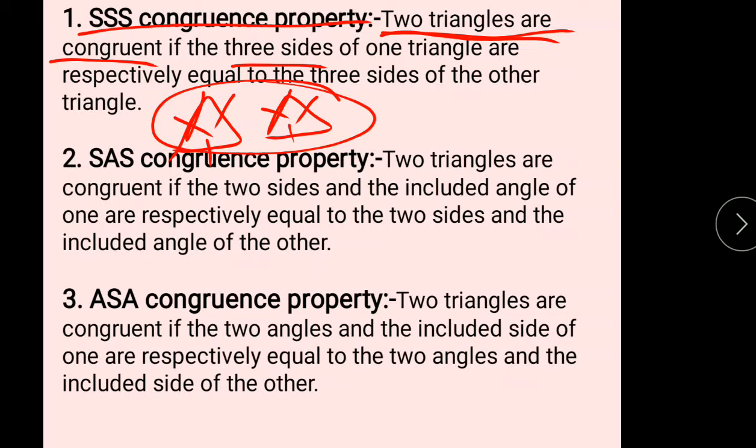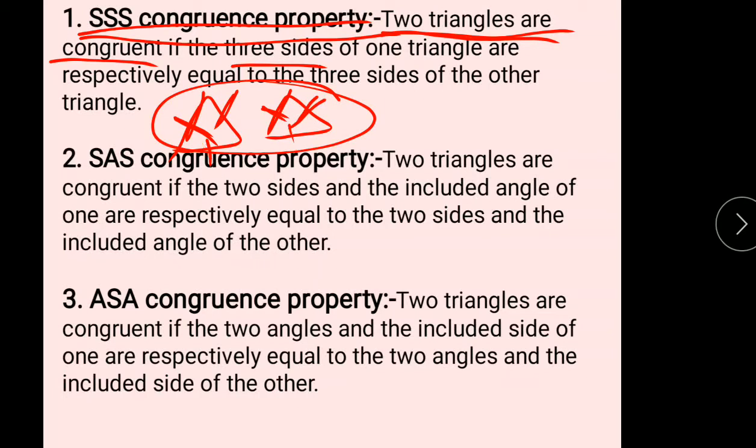I hope you have understood this. So the first congruency is SSS congruency, in which a pair of triangles should possess all 3 sides equal. This side should be equal to this side, this side to this side, and this side to this.